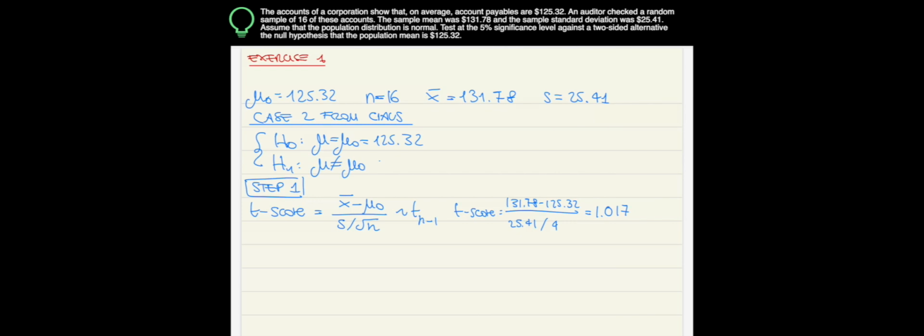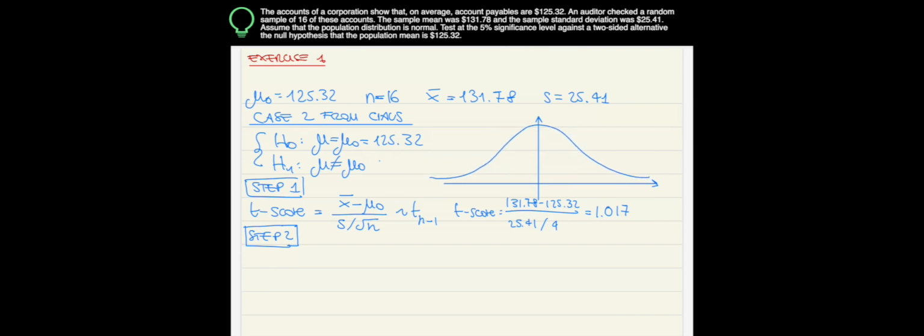So step 2, we have the t-score, and we want to calculate the p-value. Let me remind you one more time that the t-score tells us how extreme the sample is with respect to its sample mean in this case.